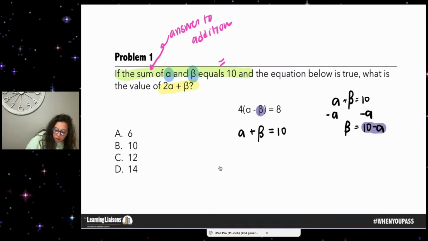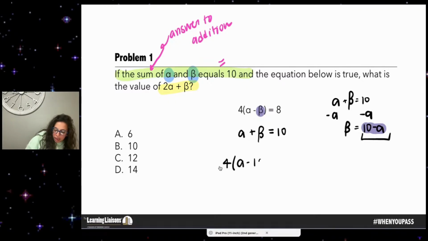So I have 4 parentheses A minus this whole thing, 10 minus A, equals 8. Now, I bracketed it for a reason, because I'm subtracting all of B.